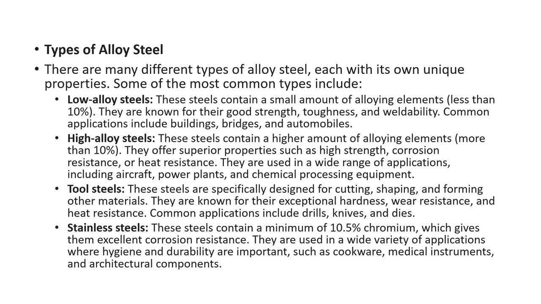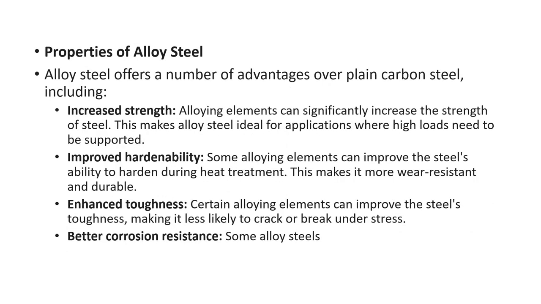They are used in a wide variety of applications where hygiene and durability are important, such as cookware, medical instruments, and architectural components. I already told that they are used in cookware because our glasses are manufactured from stainless steels, medical instruments like orthopedic implants, and architectural components because of that corrosion resistance.